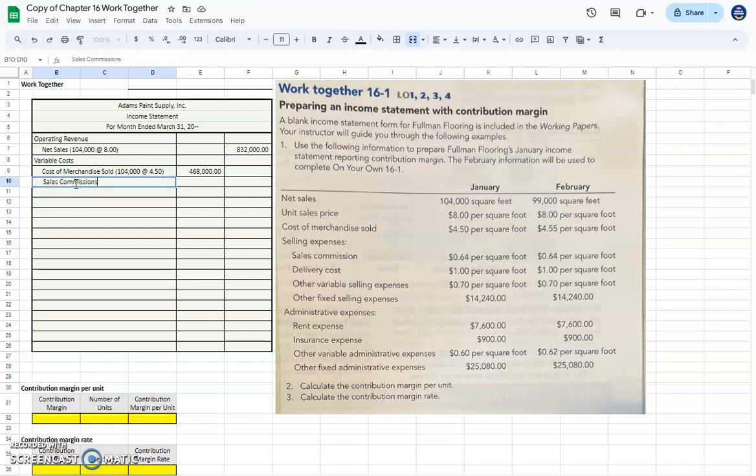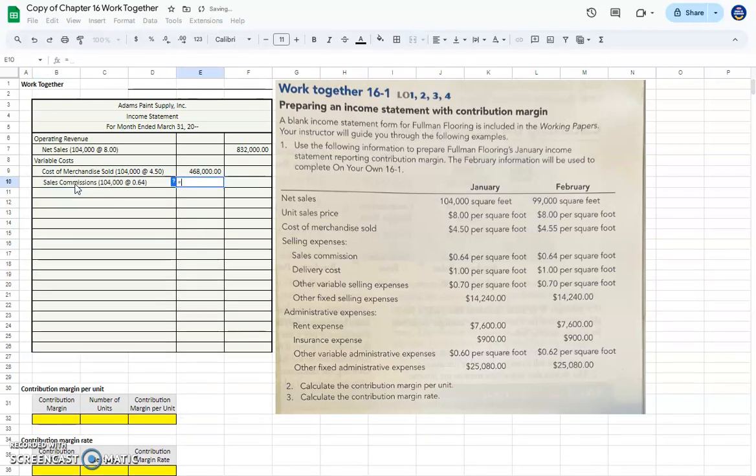That's our first of our selling expenses over there. And that is 104,000 at 0.64. Okay. And 0.64 gives 66,560, okay.